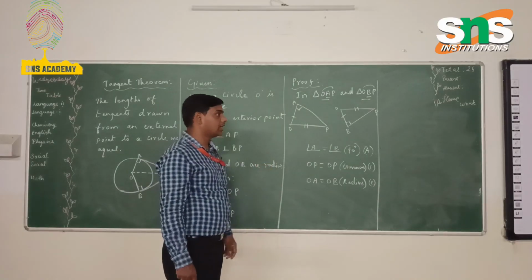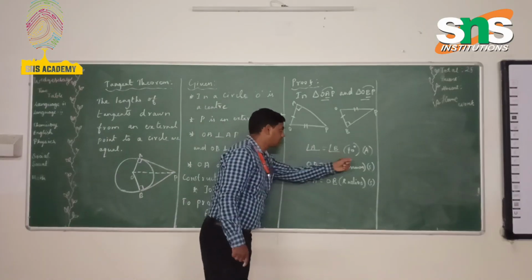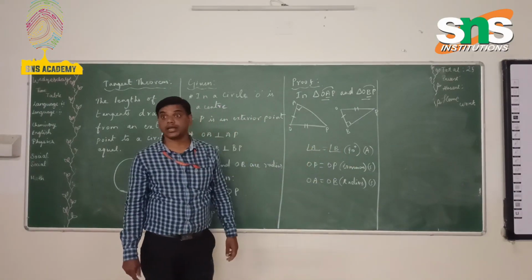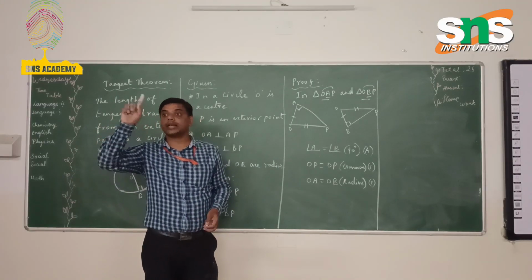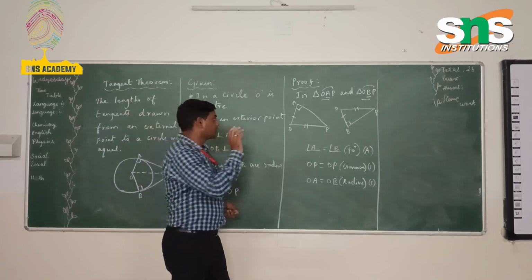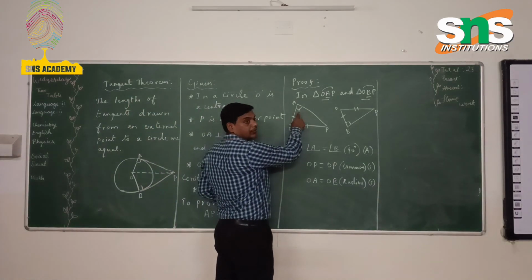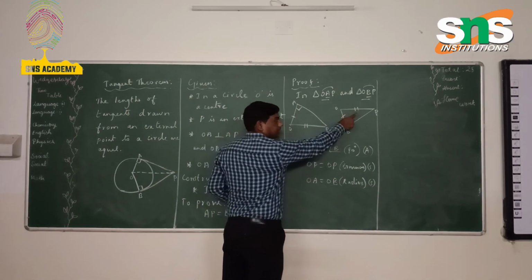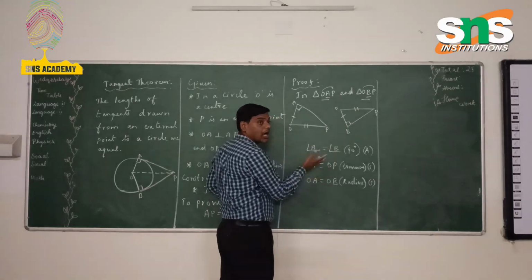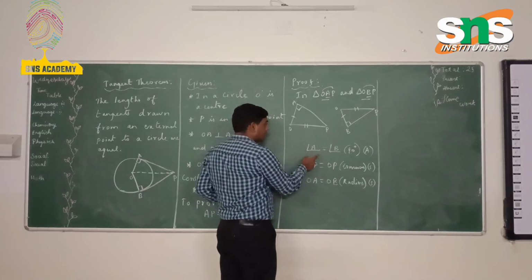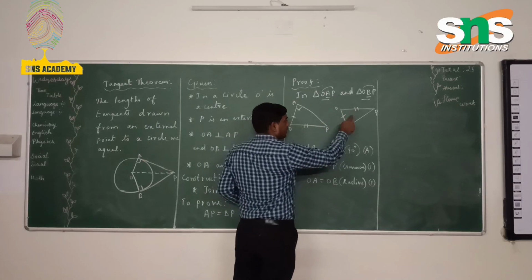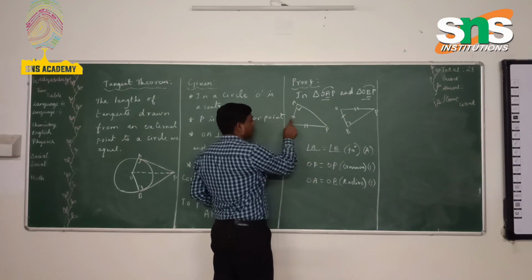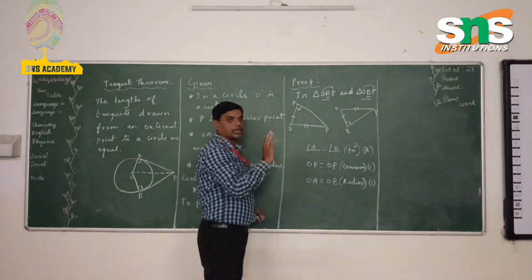Very good. Because of the 90 degrees I mentioned, RHS: right angle, hypotenuse and one corresponding side. Here the right angle and the hypotenuse are equal. OP is equal to OP, which is the hypotenuse. The 90 degree angle, the hypotenuse, and one corresponding side are equal.